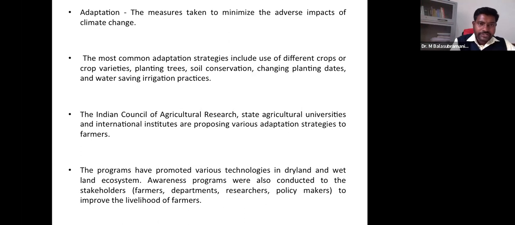At all the points they studied, and based on that, they developed the different kinds of adaptation strategies. From these adoption strategies, what we are taking as a technological intervention is water saving irrigation technologies or water saving irrigation practices.